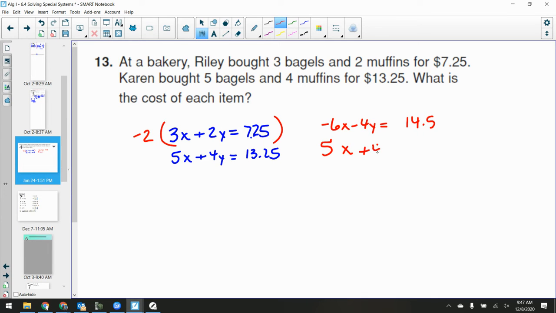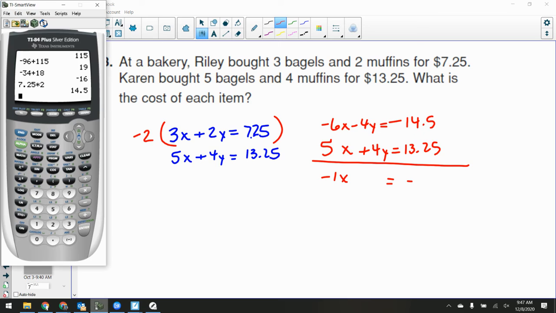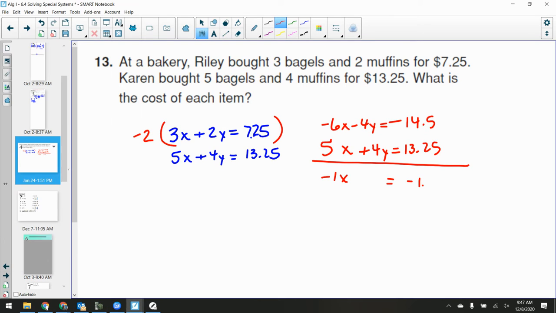Rewrite the original. And so that gets me -1x is equal to -14.5 plus 13.25, and that gets me -1.25. So I get the negative out of the way, it's a positive 1.25.